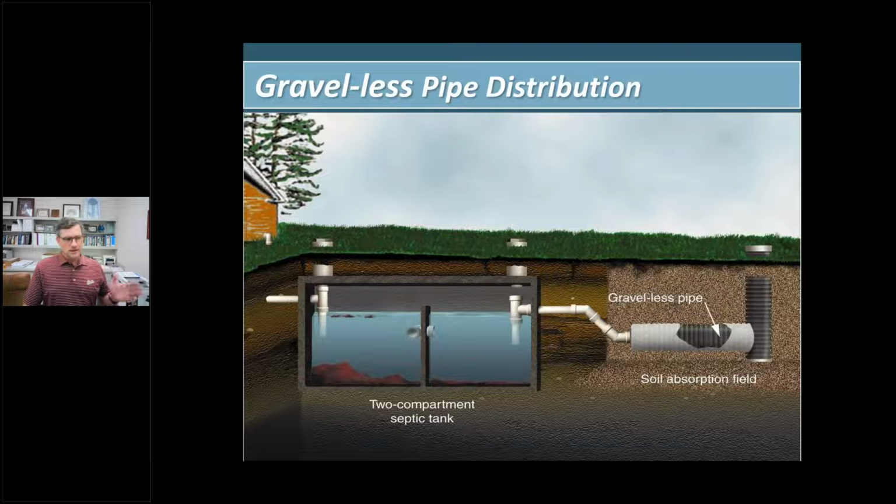All right. Again, this is just another compartment when we look at this, called a gravelless pipe distribution. So as it's rolling out, you actually have an access point on the end. We have never installed one of those, but I've seen a lot of that pipe put in the ground.